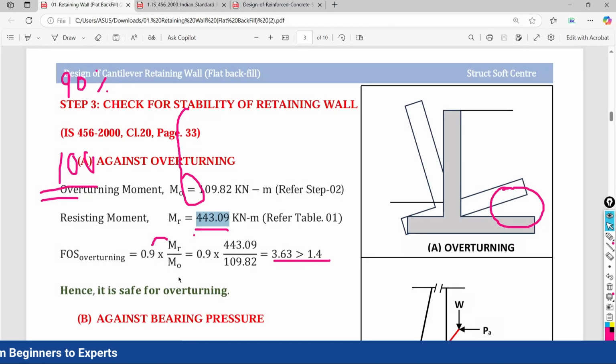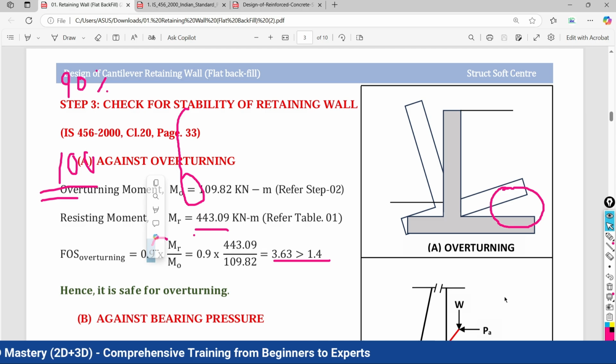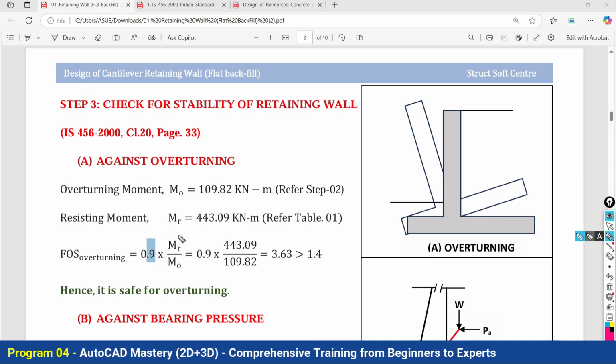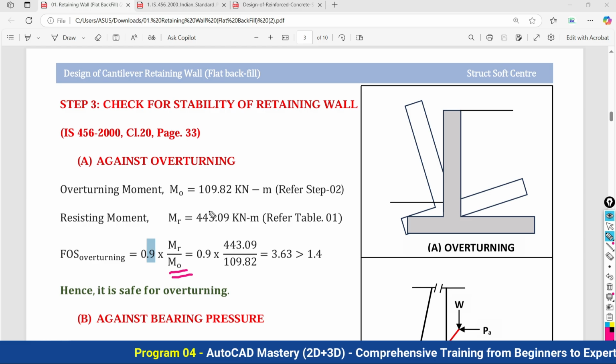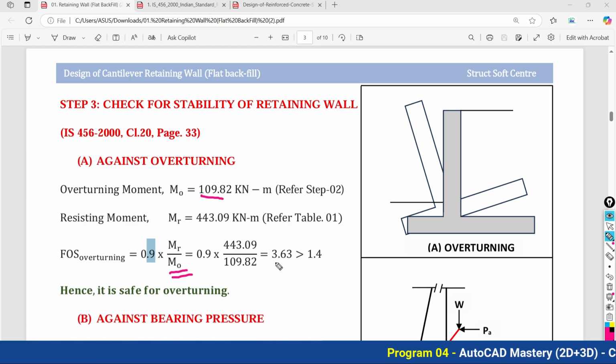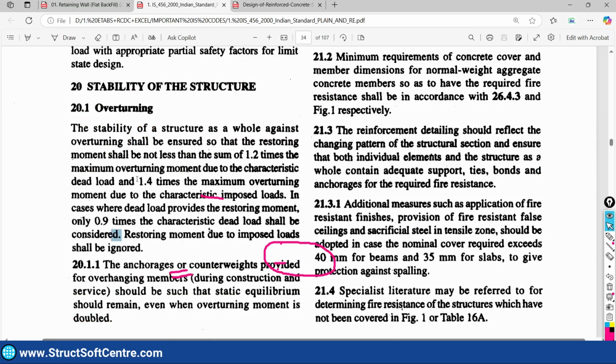So in the calculation we reduce it by 10%, considering only 90%, and in the denominator the overturning moment is considered. After this calculation we get the value 3.63, which should be more than 1.4 as recommended by the IS code.